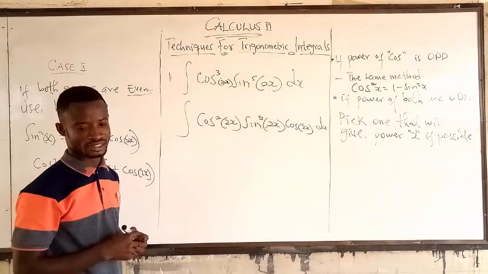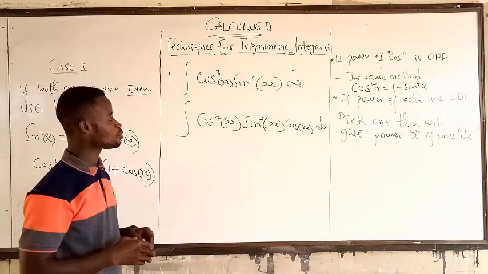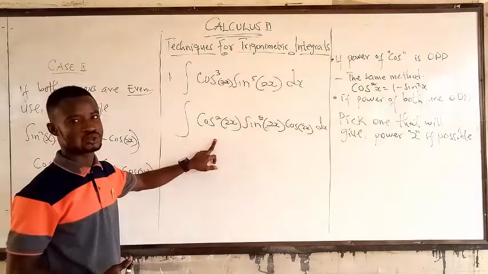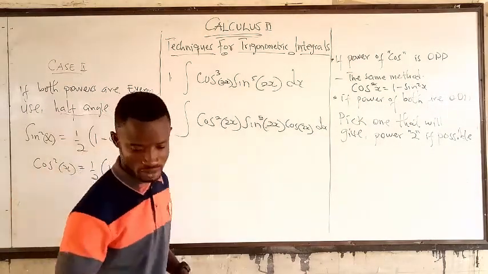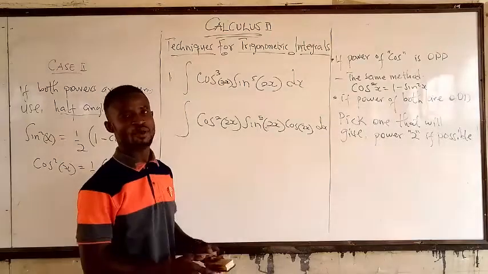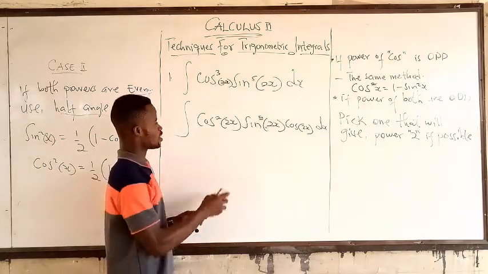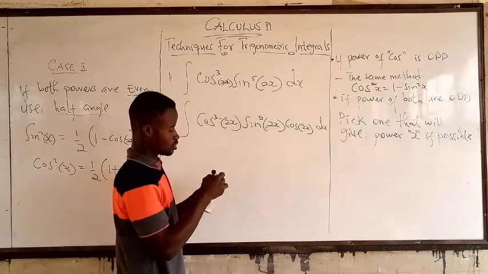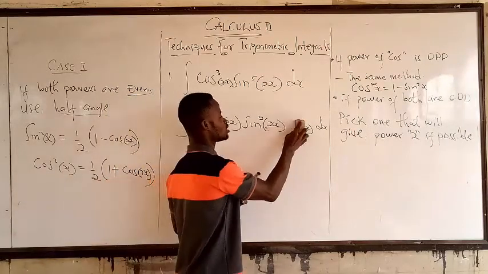Hope you can see that. This one is acceptable because the cos can give power 2. But can the sine also give power 2? Yes, it can. Let me show you the two, so that you are not thinking one way.